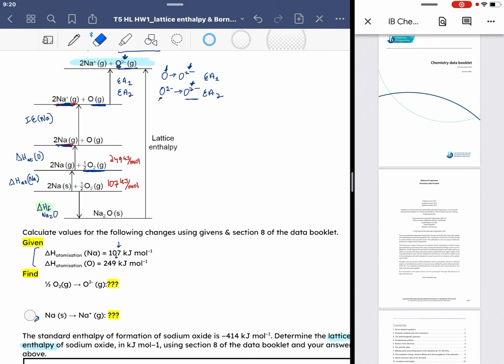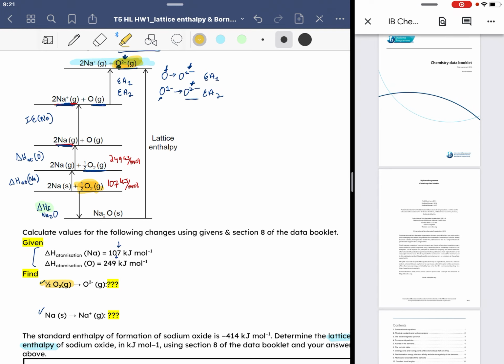I think it's pretty straightforward now to do our finds. So to go from 1/2 oxygen to O2 minus, I'm just going to find those. Here, to go from 1/2 oxygen gas, that's the same thing I see here, to O2 minus. Well, what are all the oxygen things that got me from this step here to this step here?